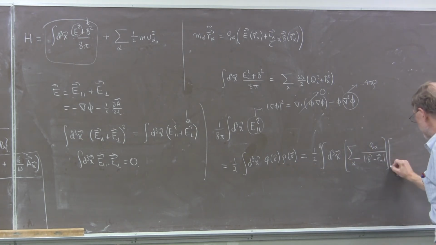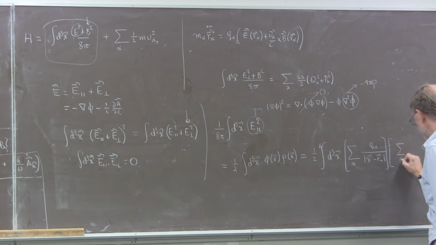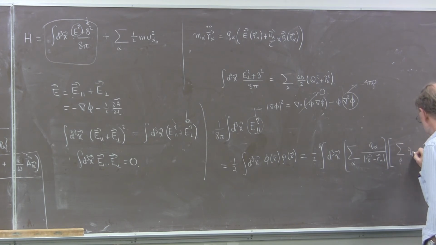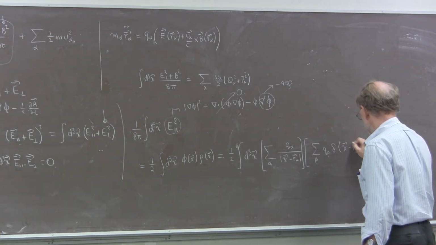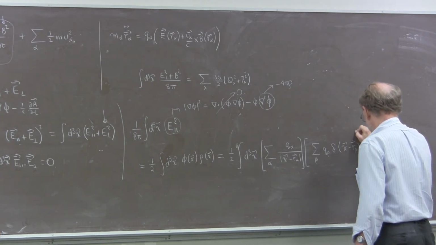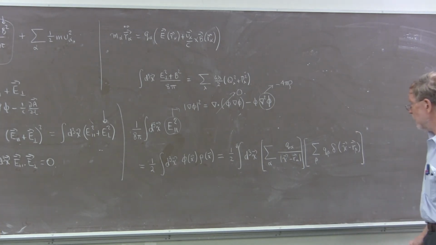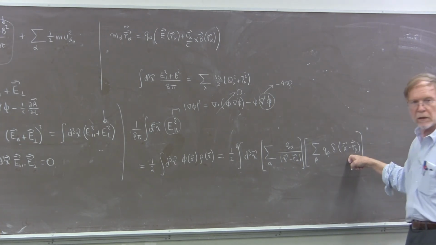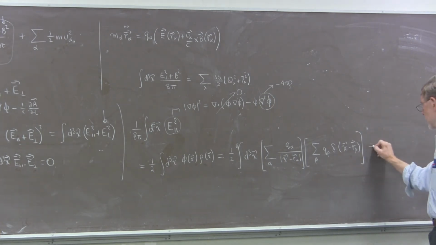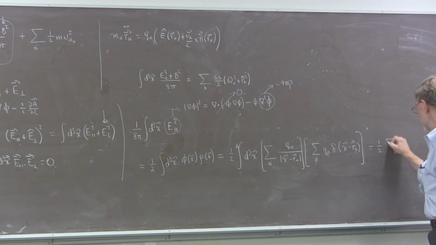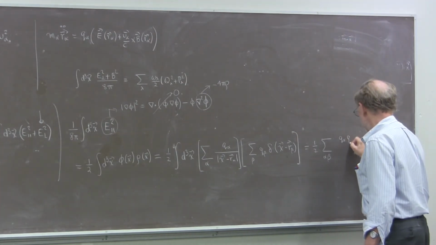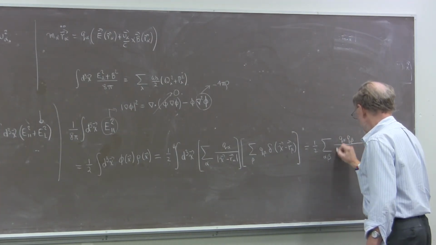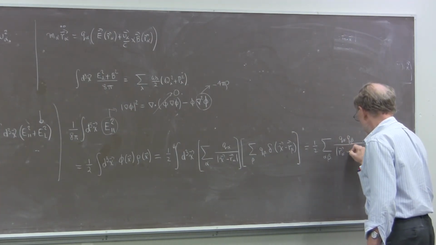And then the rho is the sum on beta of q beta times the Dirac delta function of x minus r beta. And you can see now that the integral can be done because of the delta functions. What this gives us is 1/2 the sum on alpha and beta of the charge products q alpha times q beta, divided by a Coulomb denominator, the magnitude of r alpha minus r beta.